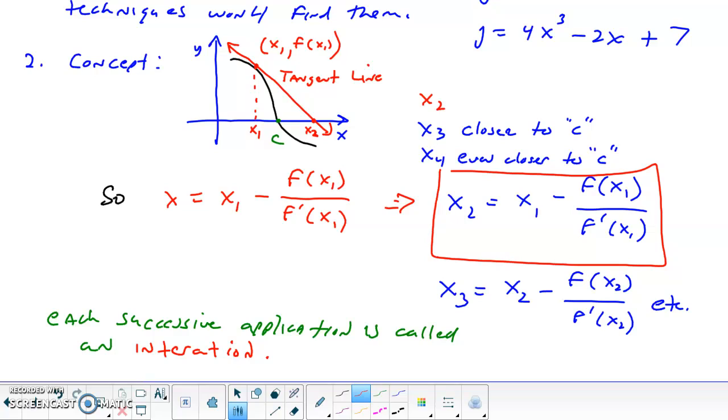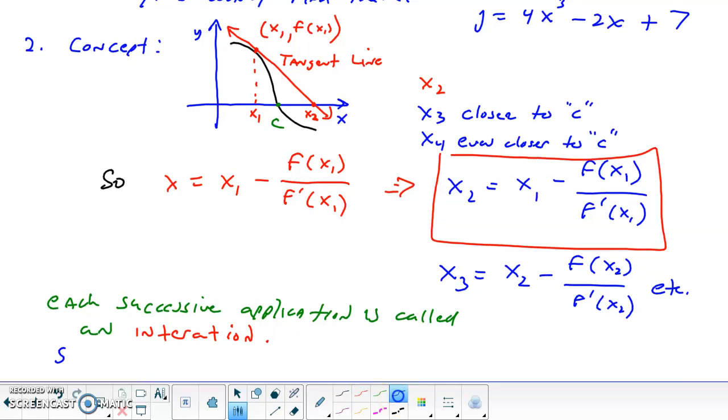Generally, it's going to take like 3 to 4 iterations to get to where you want to be. 3 to 4. And when do you stop? You stop when reaching the desired accuracy.